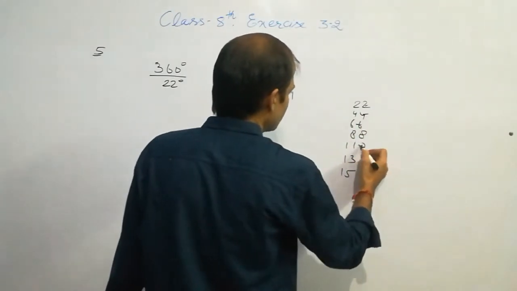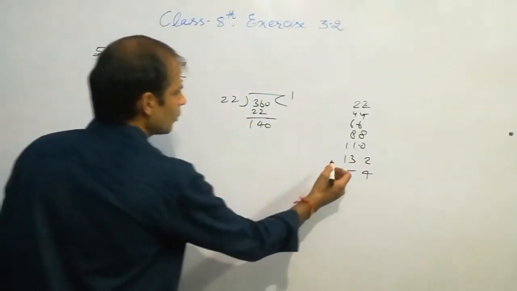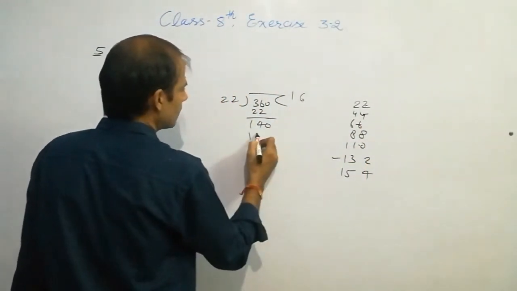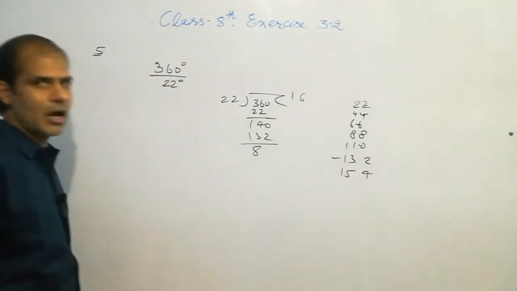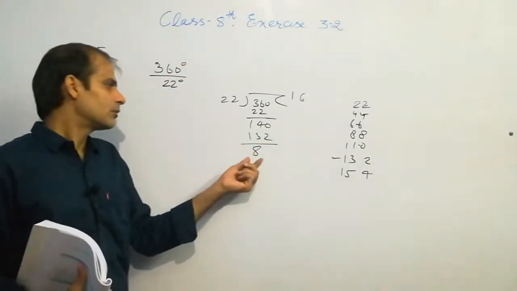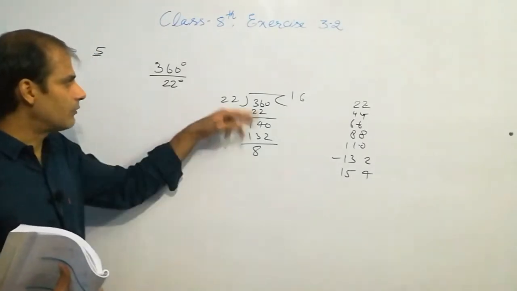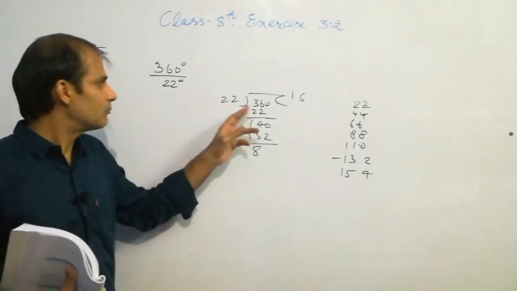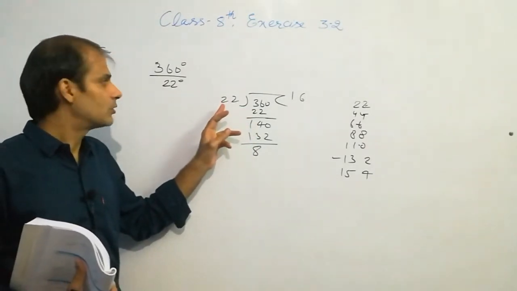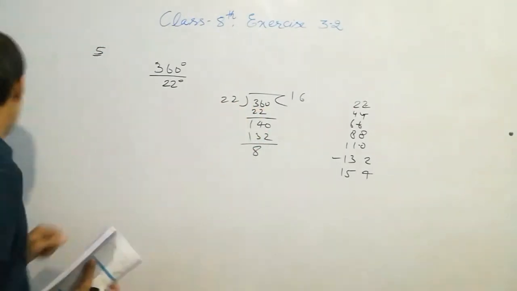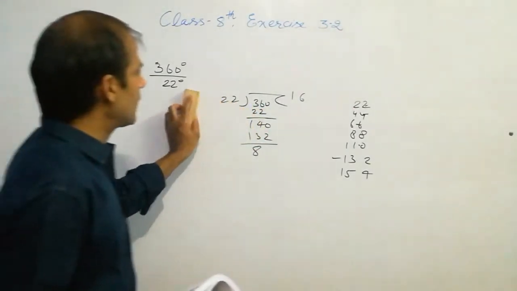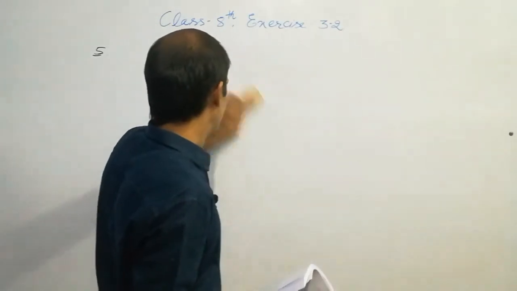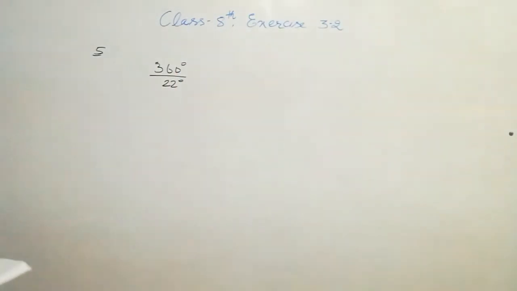Okay, so 22 sixes are 132 and the remainder is 8. Now you can see that we got a remainder, so the division is not complete, means 22 cannot divide 360 completely, so we get a decimal value, hence we can say this polygon is not possible.